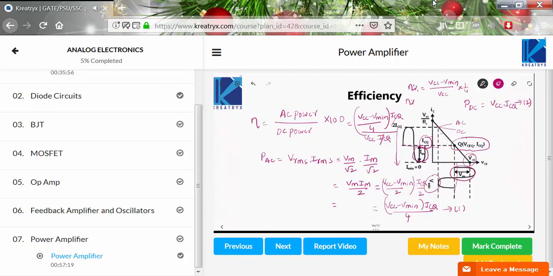So percentage of efficiency is (1 minus V_min by V_CC) into 25%, right? To achieve the maximum efficiency in case of a class A amplifier, we put V_min as 0. Then the efficiency is 25%. That means the maximum efficiency of a class A amplifier is 25%.